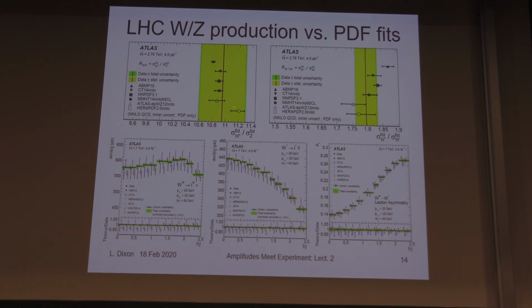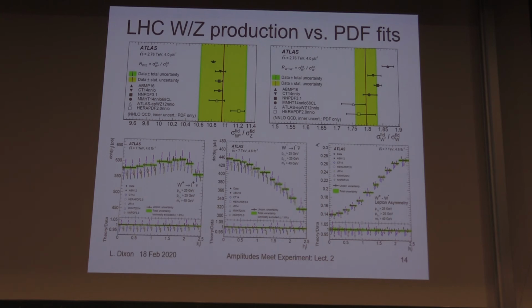They can also measure not just these fiducial total cross-sections, but how they're distributed in rapidity. And when you do that, you get more information because the one-dimensional rapidity distribution lets you sample different x1s versus x2s. As x1 is bigger than x2, you push the W or Z forward or the other direction. So these curves have additional information.